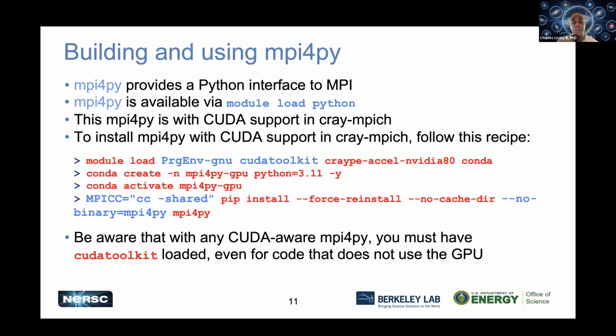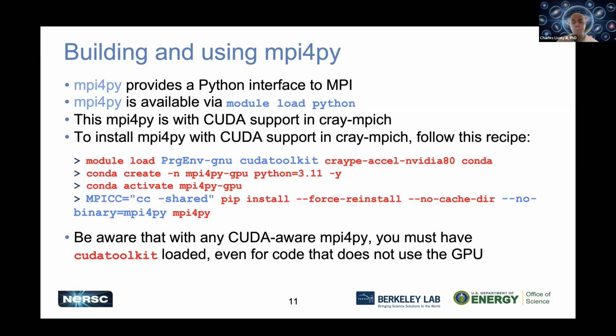Then you'll create that environment. And in this case, we're naming it mpi4py-gpu, providing the Python package that we want to use. And then we have our activation for it as well. And then we're able to do an installation for other different directives as well.